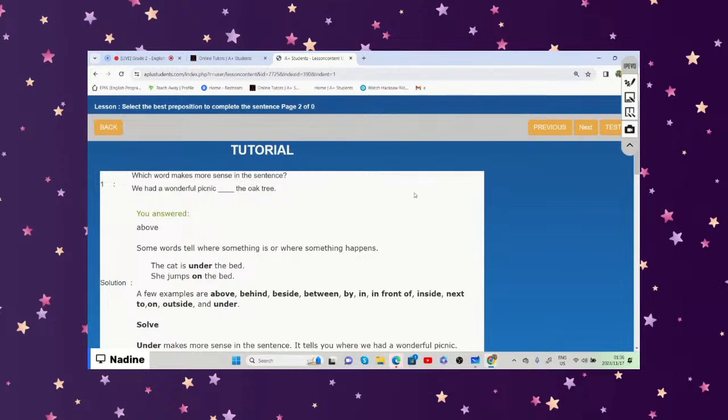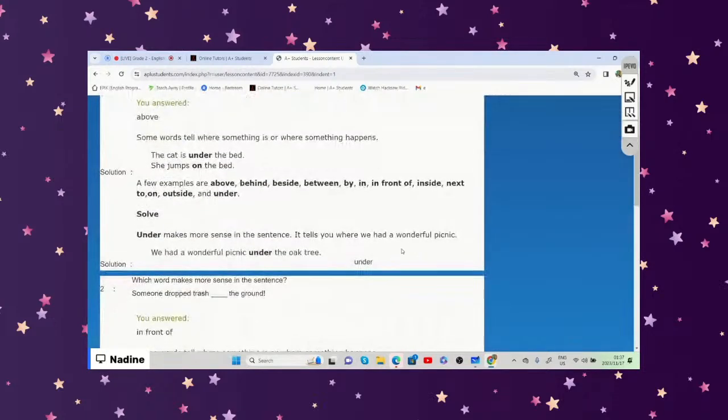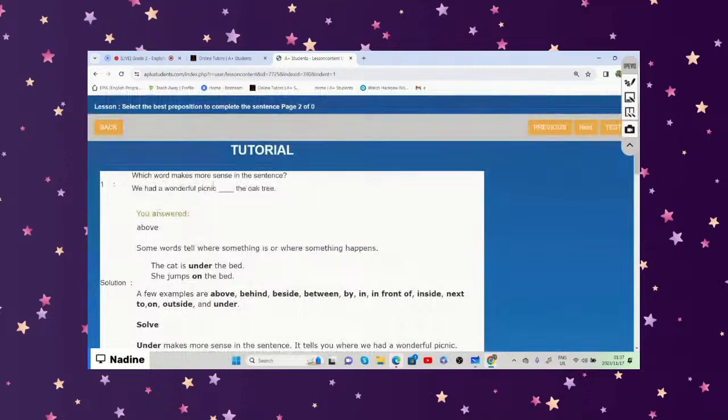So basically it says we had a wonderful picnic under the oak tree. Under.